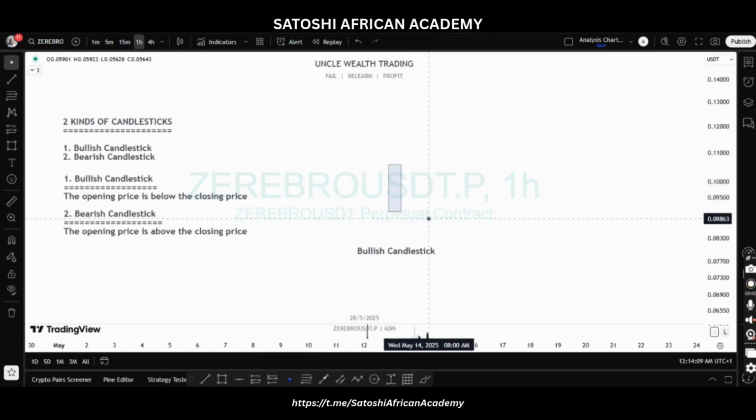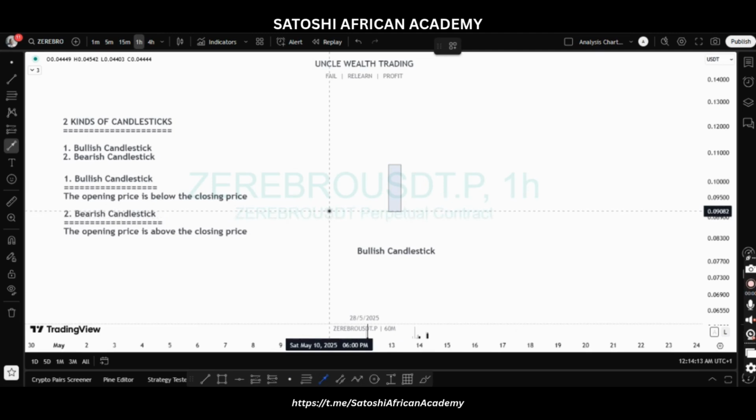We said for a bullish candlestick, the opening price is below the closing price.